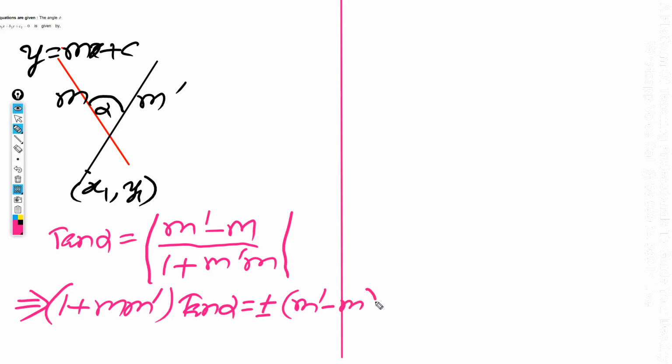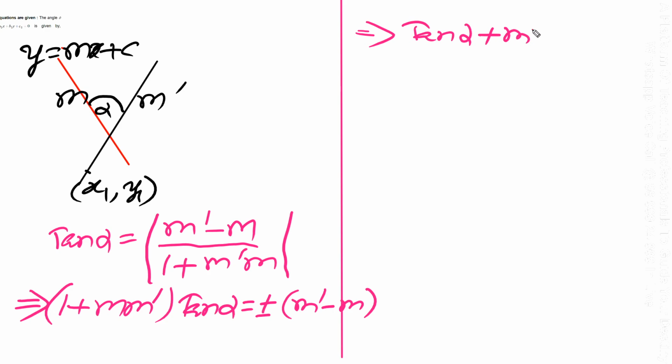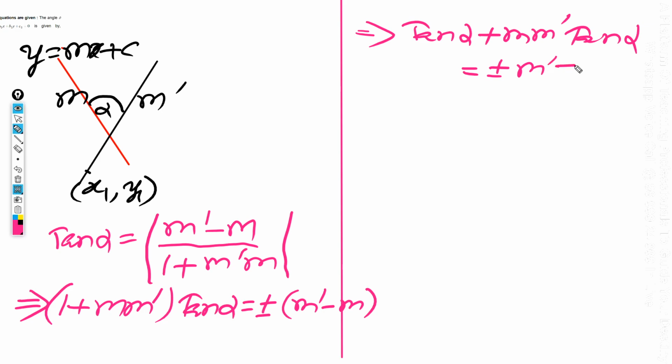Okay. Now, let us simplify this. Tan alpha plus m m dash tan alpha is equal to plus or minus m dash minus or plus m.